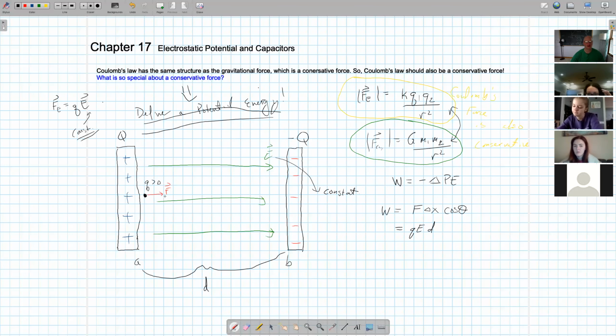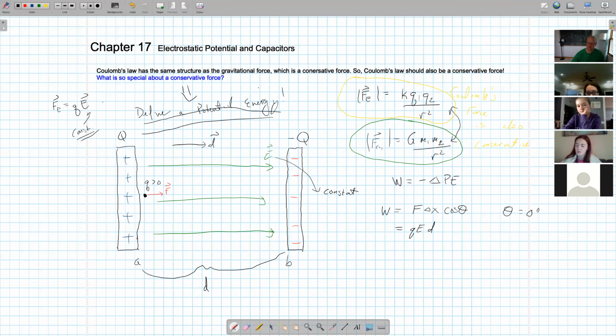But remember, the angle is between the force and the displacement vector. Our force is in this direction and the displacement is in this direction, so the angle between the two is 0, and cosine of 0 is 1. So the electric field does work by bringing this charged particle across these plates, which is equal to the charge of the particle times the electric field times the distance.